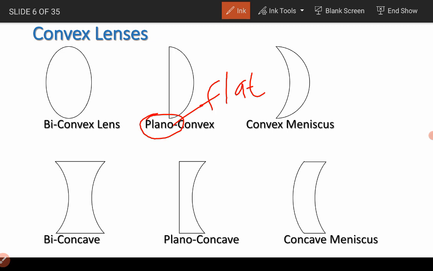So this end here is flat, while this end here is curved. So the flat side is called the plane, while the curved side is called convex. So the name of the lens, therefore, is plano-convex.